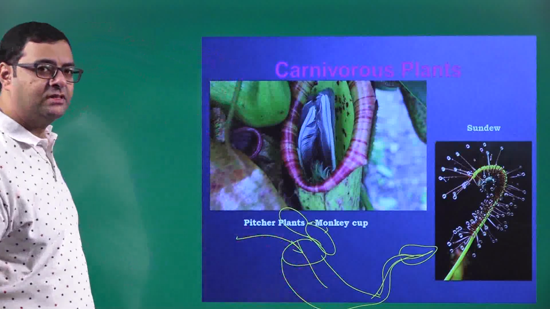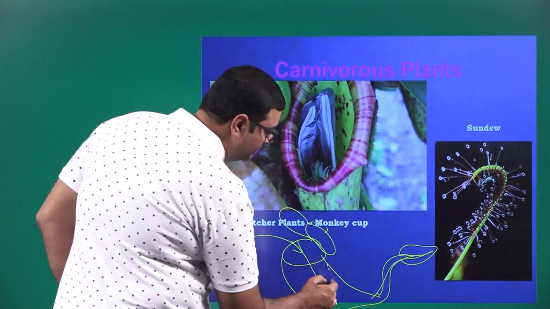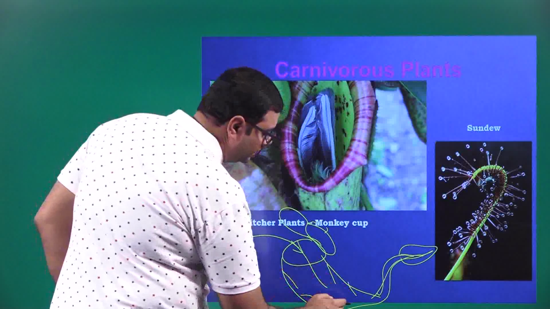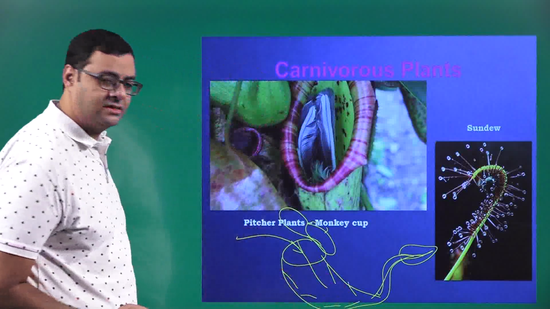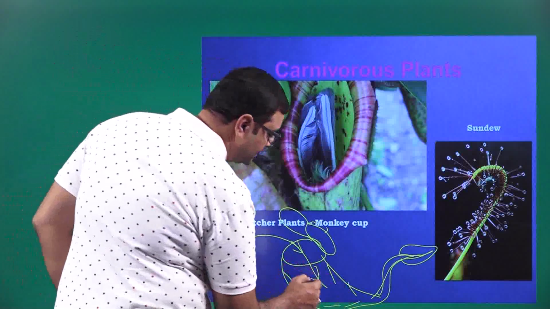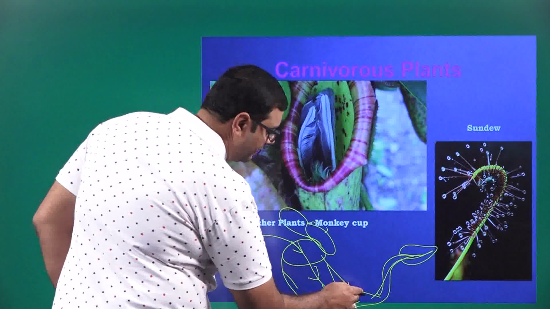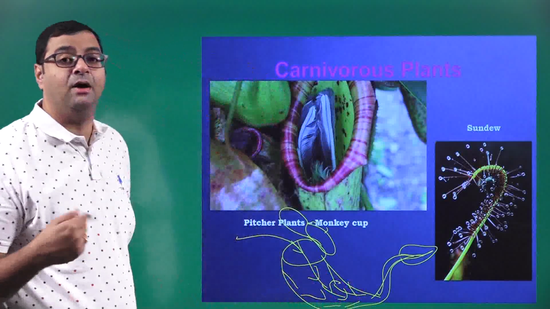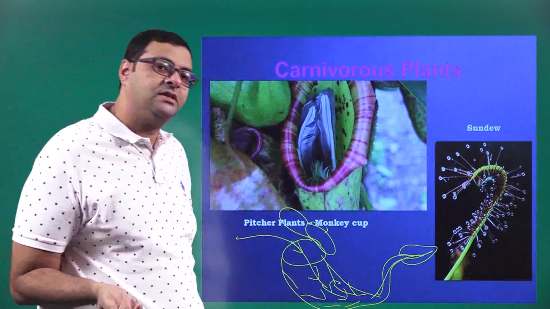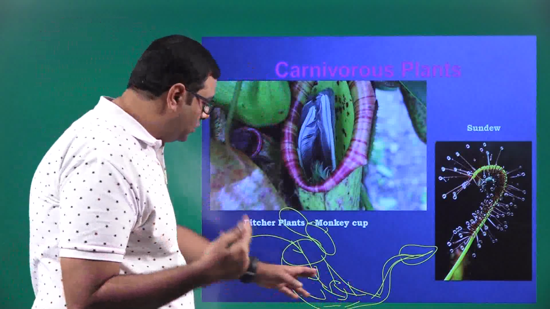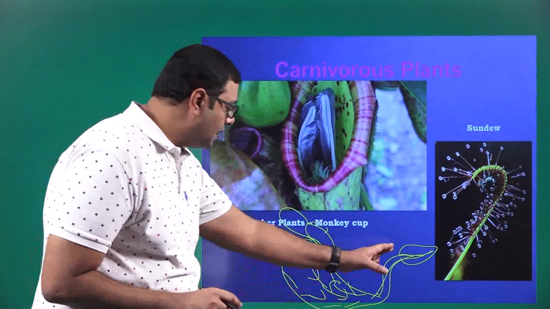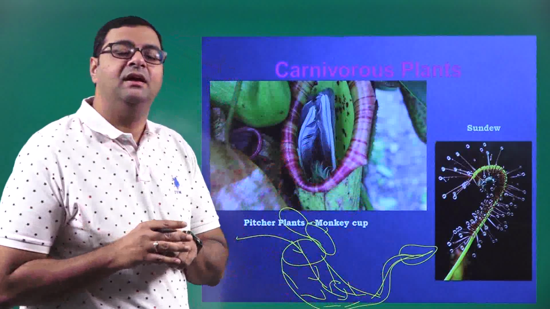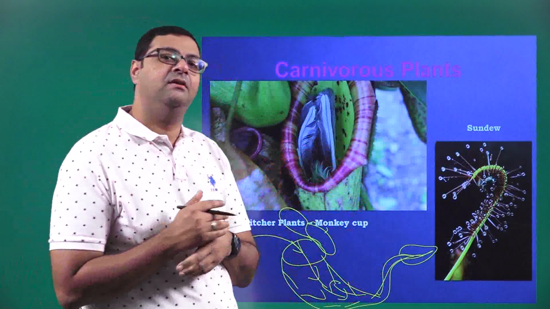Once it falls into the pitcher, the inside has backward-pointing barbs like this. When the insect tries to fly out, these barbs hinder it from coming out of the pitcher. Then slowly the plant will secrete digestive juices, the insect will be consumed, and proteins will be obtained.